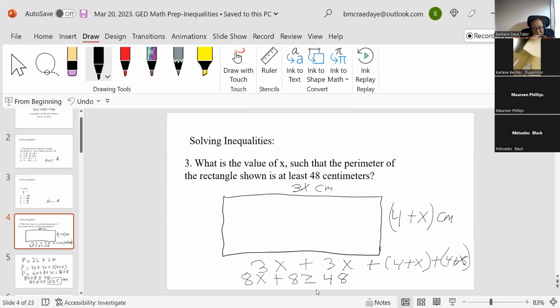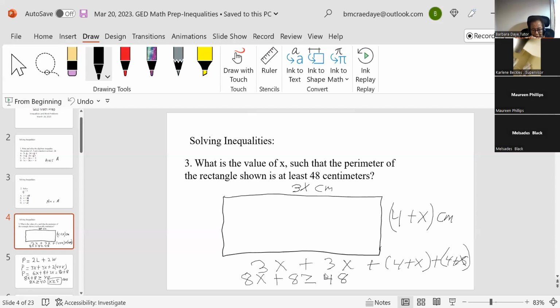Now solve this for x. 8x plus 8 greater than or equal to 48. Solve that inequality for x. So what do you do first? Take away 8 from both sides. Subtract 8 from both sides.